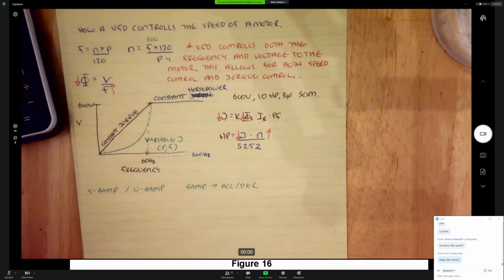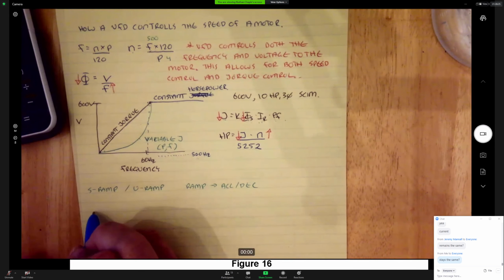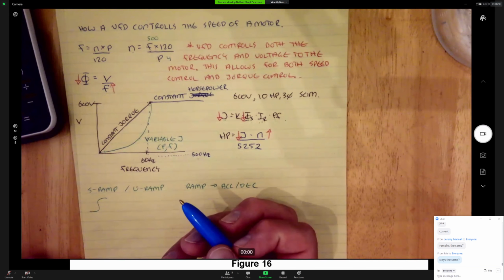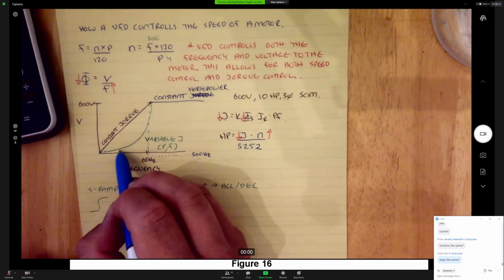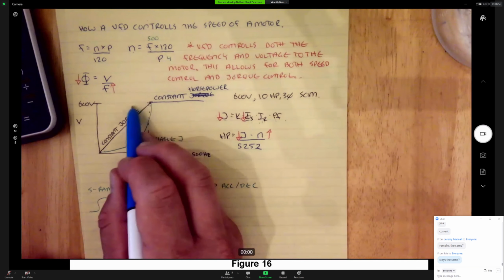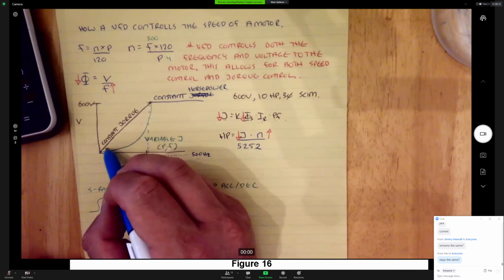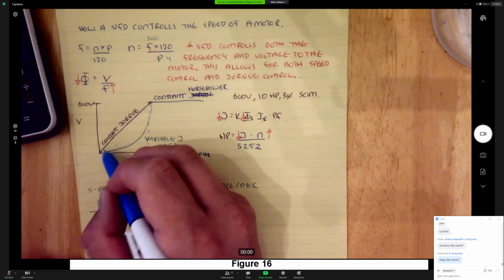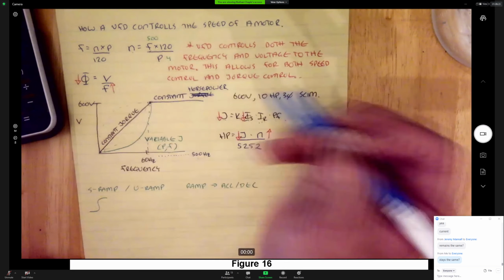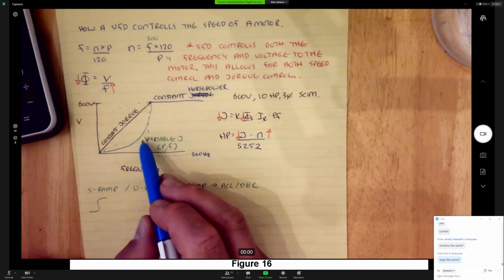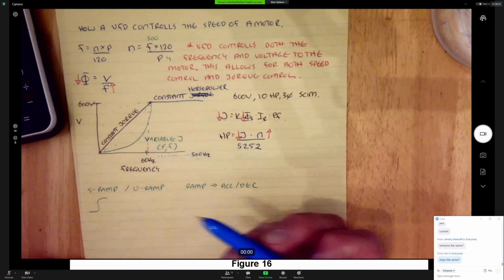Ramping a motor down is decelerating a motor or decreasing the speed. So an S ramp can give us a torque characteristic that looks something like this. So we could come across here, go up, go down. And U ramp basically is different ways of creating different U shapes, so joining those two points. And again, they're all adjustable. It's all programmable inside the variable frequency drive.